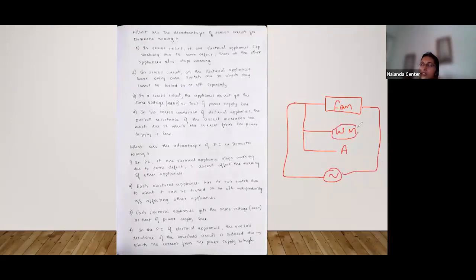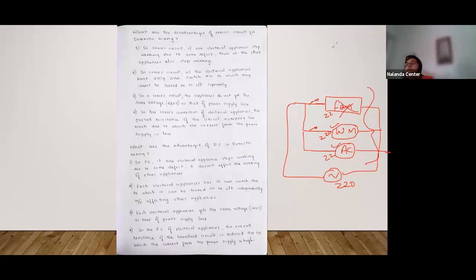So even if this does not work, this will work properly. And they can be connected using individual switches. Moreover, the effective resistance is very low because we have parallel connection. That is also advantageous. They are going to experience the same voltage of 220 volts across all the appliances because this is a parallel connection.